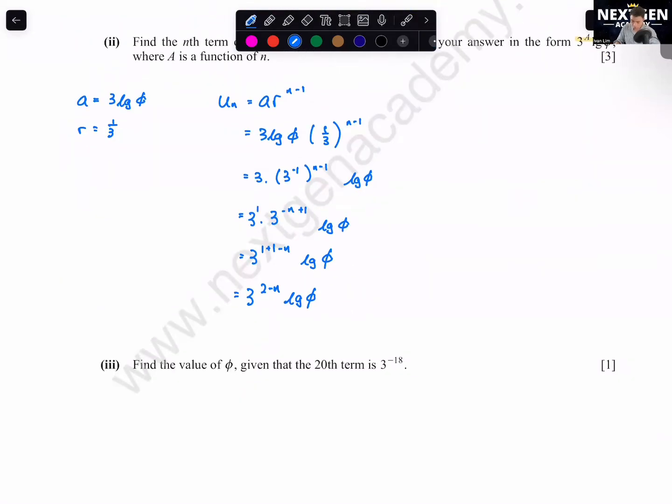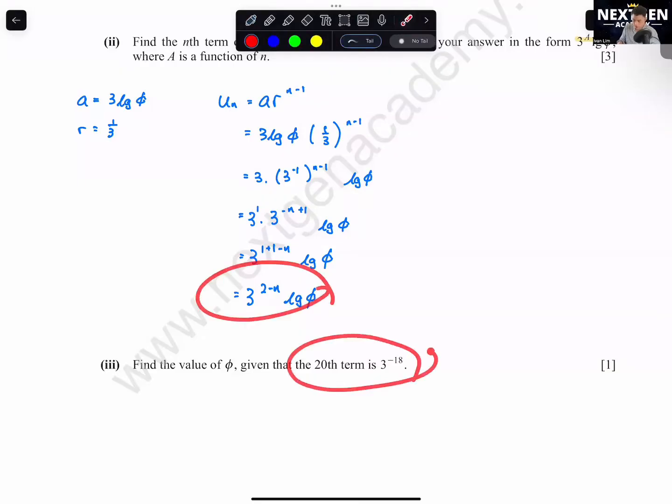Okay, last one. Find the value of phi given that the 20th term is 3 to the power of negative 18. What's the 20th term? The 20th term means when my n is equal to 20. So I already got my equation from the top here. You need this part to be correct first to do this question.